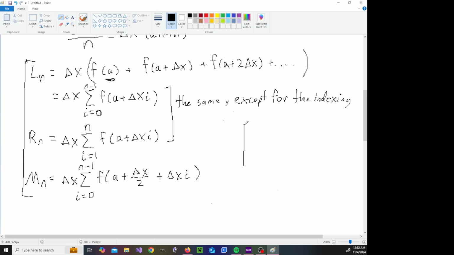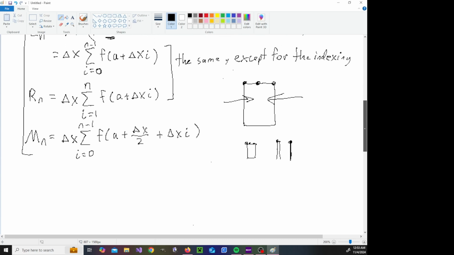Well, here's an idea. If I have a rectangle and I'm either considering the left, middle, or right, but my rectangle becomes infinitely thin, then how different is the left, middle, or right really going to be as my rectangle gets thinner and thinner and thinner? All of those are actually going to converge to being the same thing.